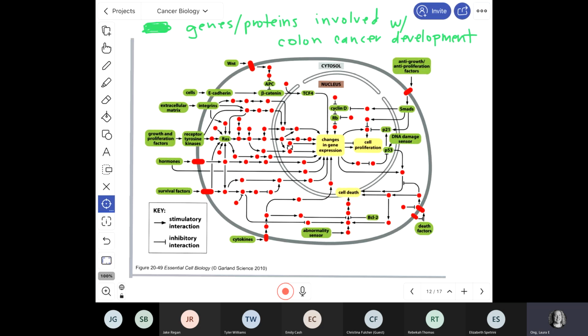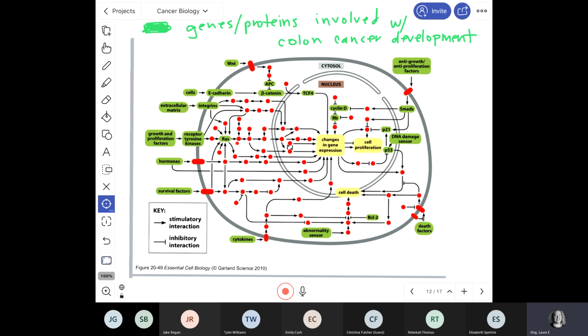So if we look just at this pathway right here, there's a receptor tyrosine kinase that binds an extracellular growth factor, and that would be activating a red dot, which is actually a RAS-GEF, the guanyl exchange factor. And so that red dot is an in-between protein that they're not bothering to name on here because they don't have enough room. So yeah, such a good question. So that particular one would be RAS-GEF.